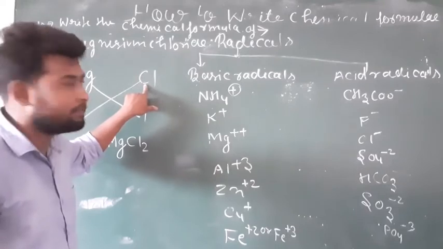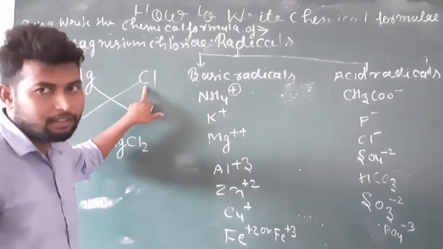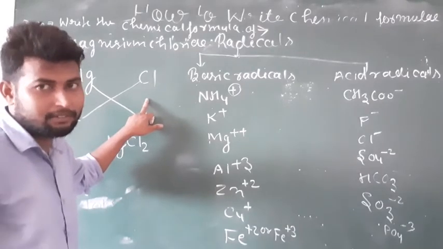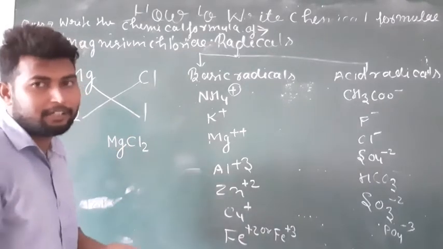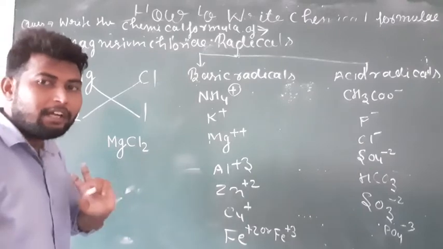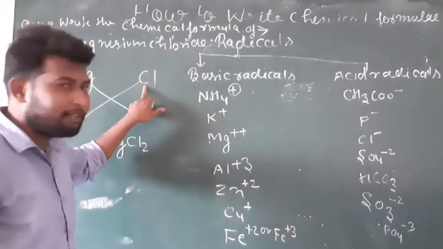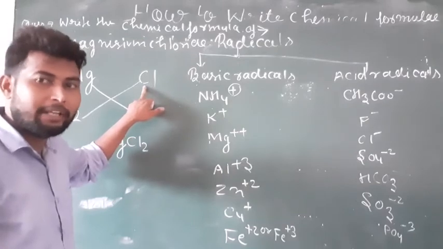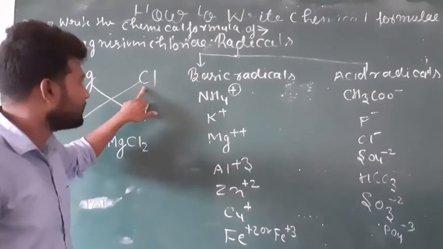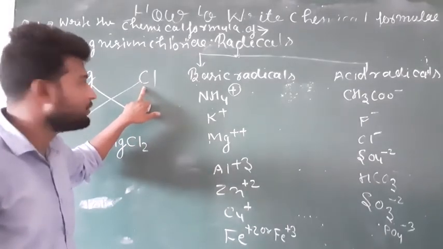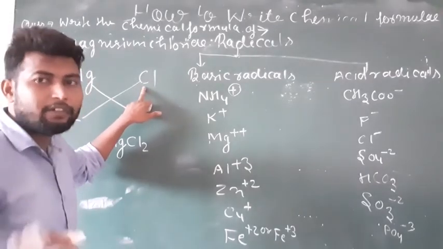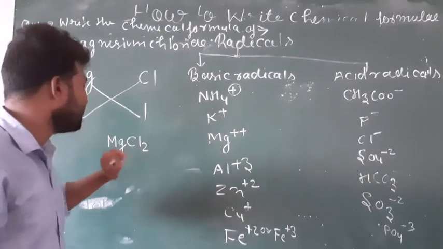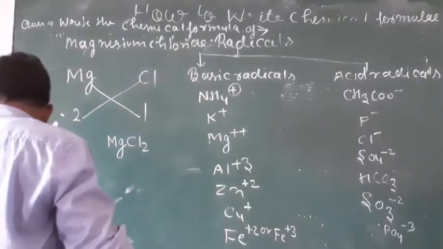Here there is only a single chlorine atom. A group of atoms means different atoms present in radical form bearing more than 1 valency; then you enclose with brackets. Here chlorine is a single atom, and single atoms, whether 3, 4, 5, 6, you write in single form. So it is MgCl2. Okay, and another example.